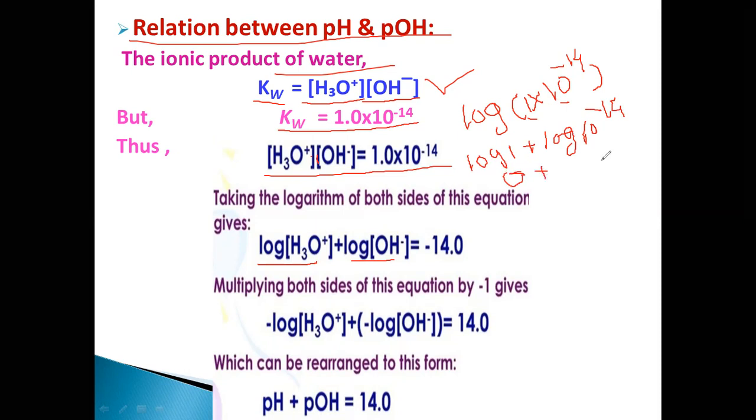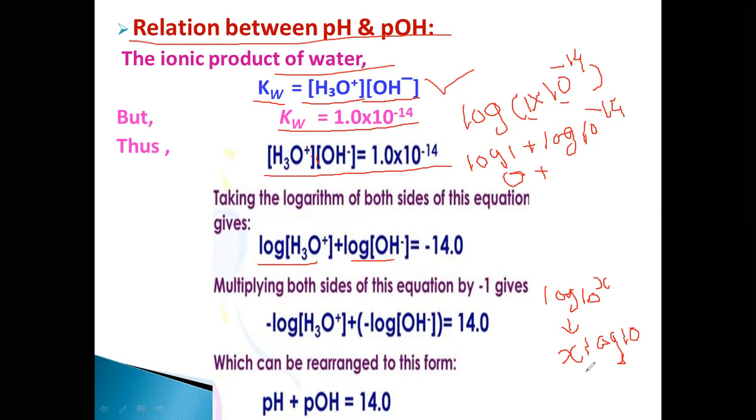plus, now see here, ये आपको पता है कि अगर कोई भी टर्म का लॉग है, लॉग ऑफ 10⁻x अगर ऐसी कोई टर्म है इन मैथ्स, तो उसको सॉल्व करते समय ये जो पावर है वो सामने आ जाता है, राइट? सो तो क्या बनता है फिर वो x log of 10 and log of 10 is 1, right?